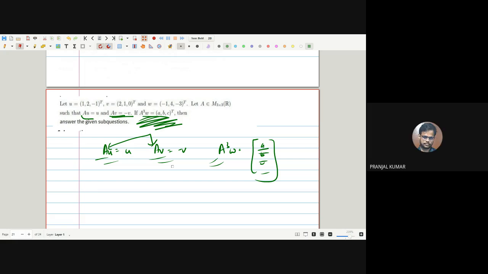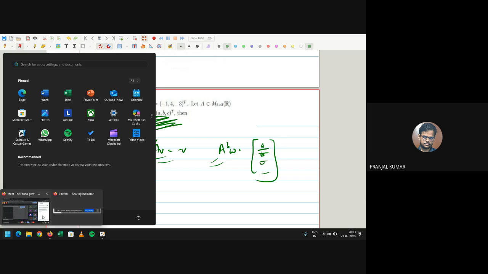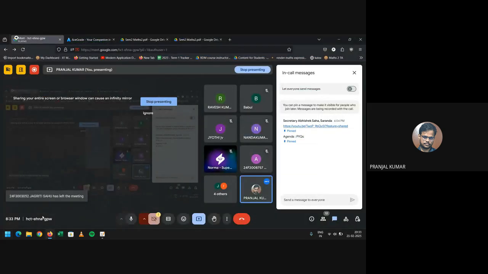And in one of the equations, I will give you a hint: there is a cube. So you should try to bring some sort of equality in all three equations. This is the hint I will give you. You should really do it. If you are able to do it, very good.